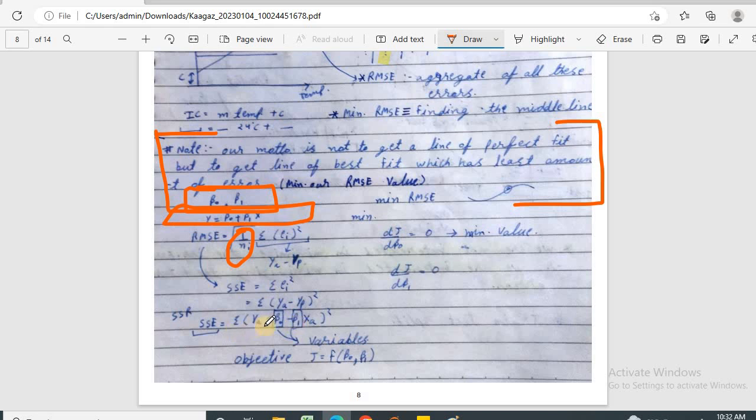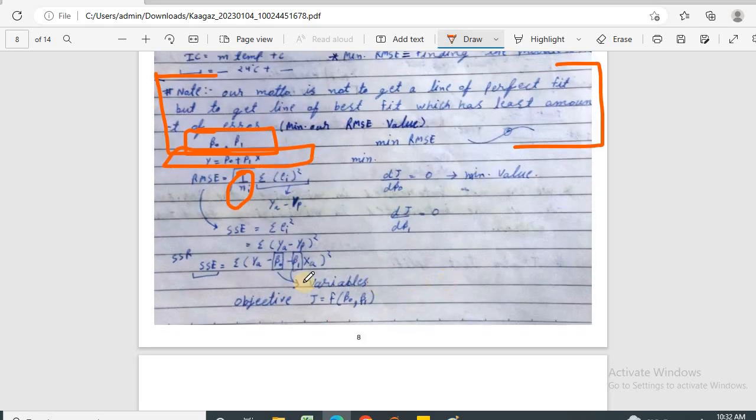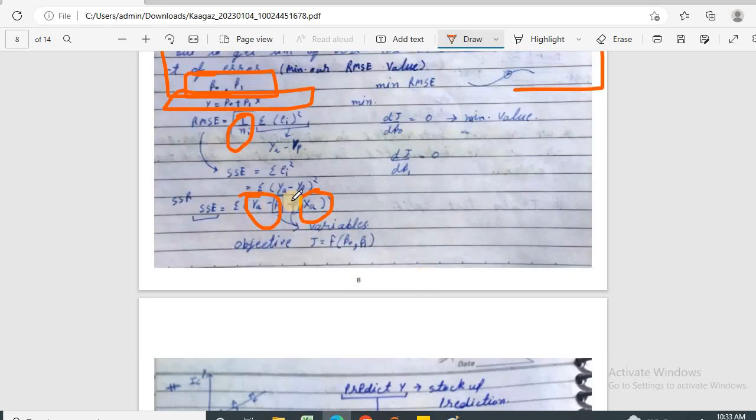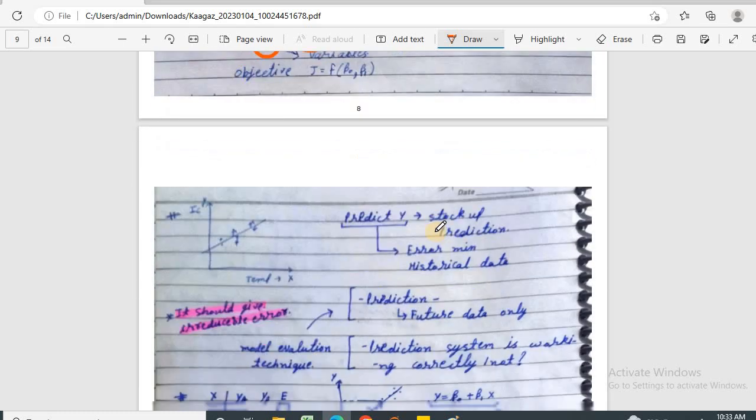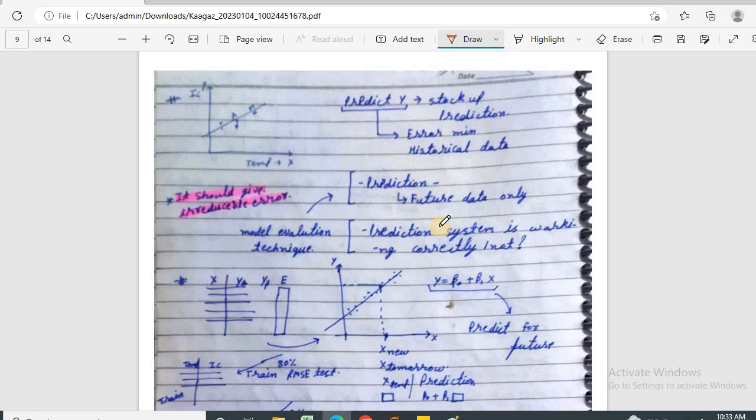So y actual, and let's suppose y predicted will be beta naught plus beta 1 x. Here the actual is constant and this value x is also constant. So our main objective should be to get the values of beta naught and beta 1.